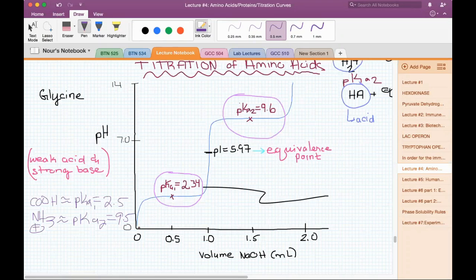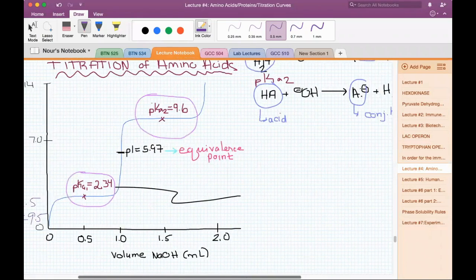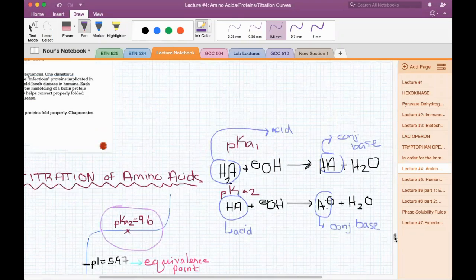As you put in more hydroxyl, the OHs keep stealing protons, and keep stealing protons, until it reaches the pKa. The pKa generally means that the amount of weak acid and the amount of conjugate base are equal. If we go to a general review with general chemistry, what does that mean?